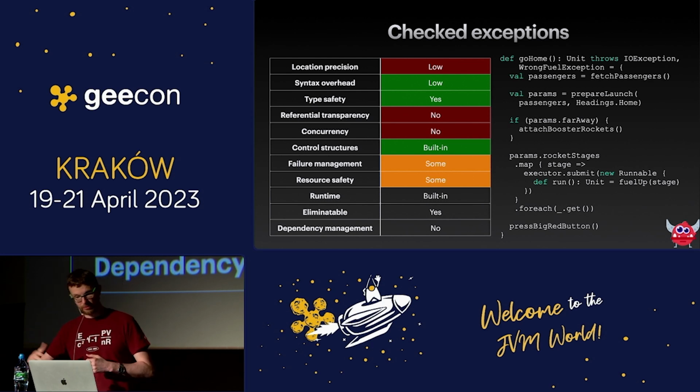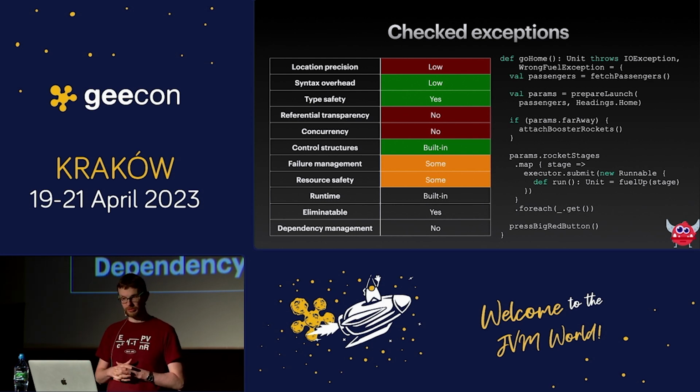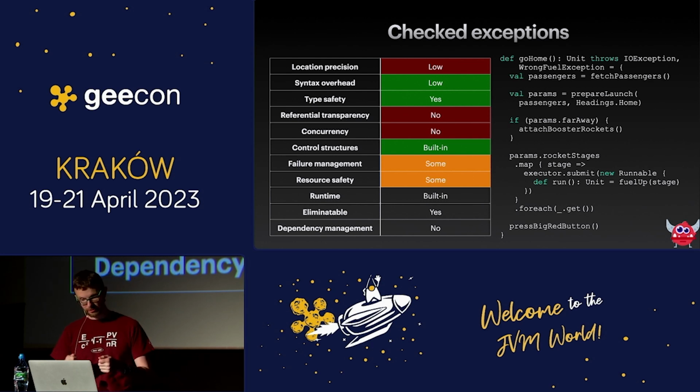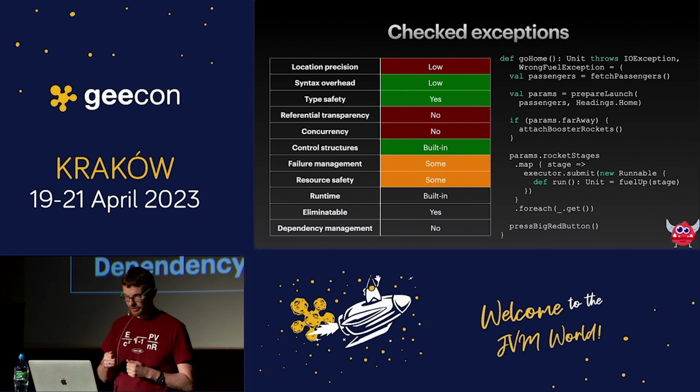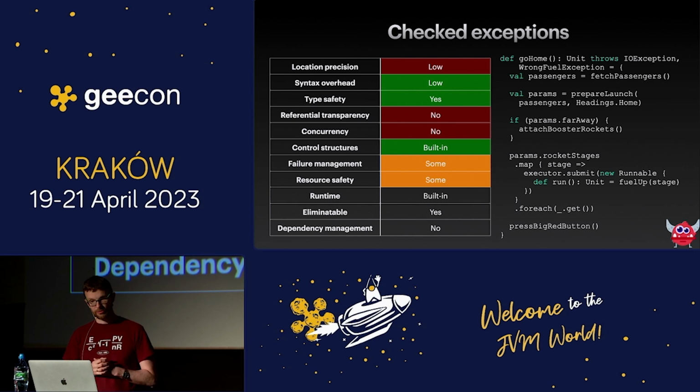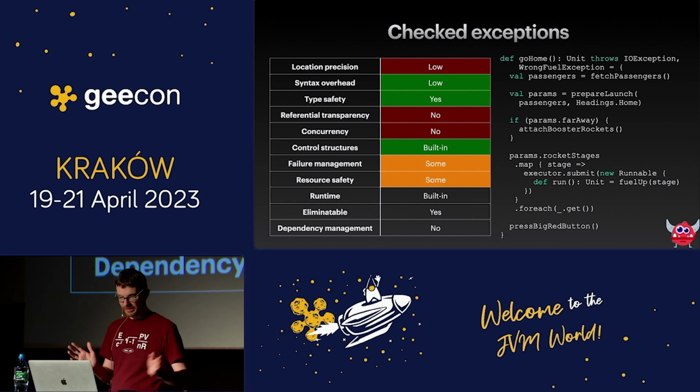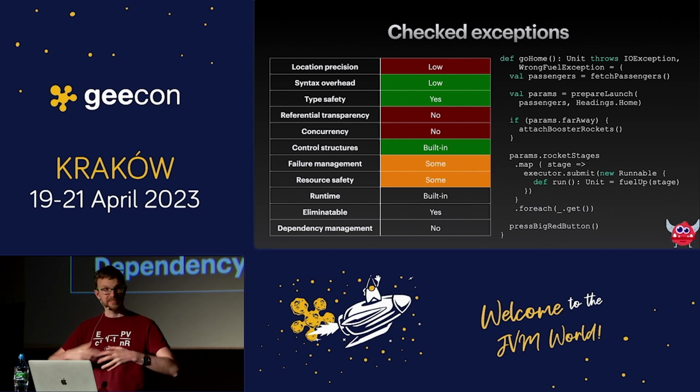Then we try to fuel up those booster rockets in parallel. So we take an executor, and for each stage, we submit a new task to the executor to actually fuel up that stage. And then we wait until each stage is fueled up using .get, and then we launch. Right? Okay, so it's not a very complicated method with some effects.